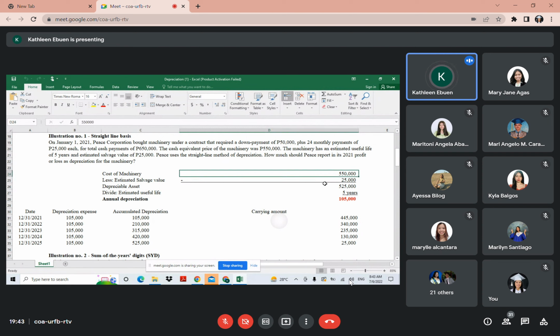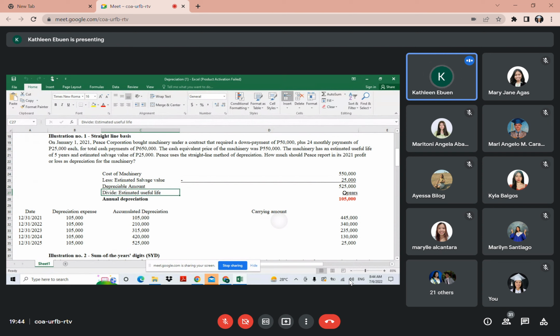So mabait yung problem, binigay na agad sa atin yung cash price equivalent which is 550,000. Less lang natin yung salvage value na 25,000 and then makukuha na natin yung depreciable amount. Then yung depreciable amount, divide nyo lang sa estimated useful life, you'll get the annual depreciation.